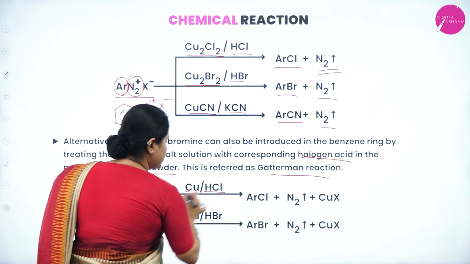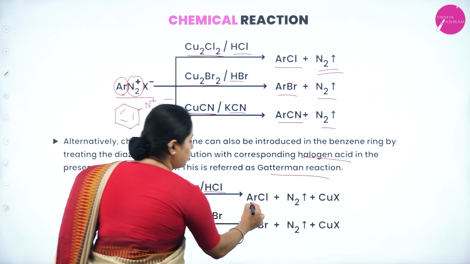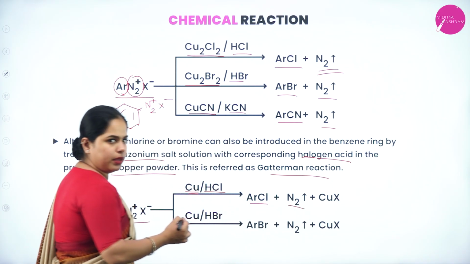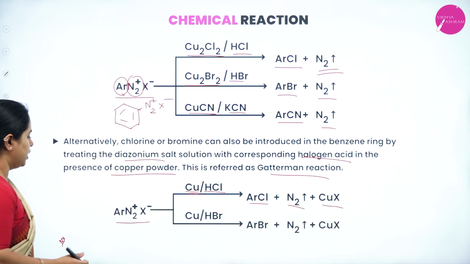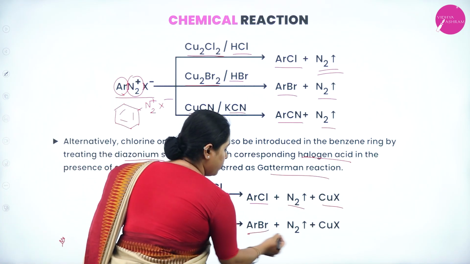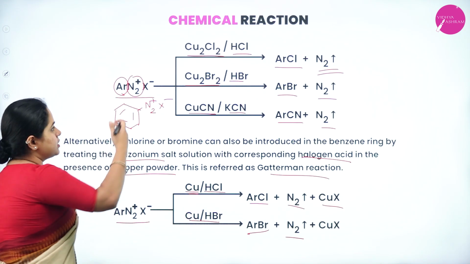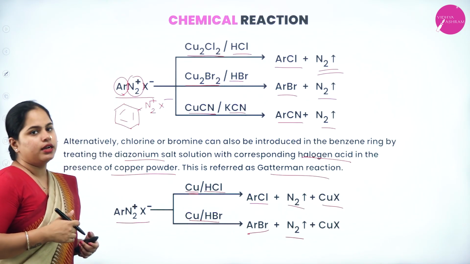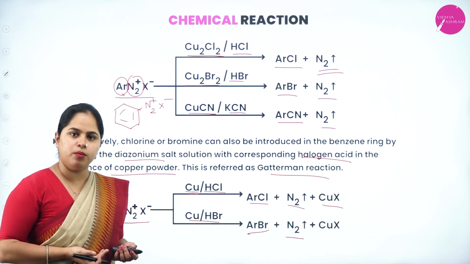In presence of HCl, chlorine is going to get substituted. Here you will get chlorobenzene. Again, nitrogen gas will be liberated and you will get the corresponding copper halide. And same way, if it is copper in presence of HBr, you are going to get bromobenzene and nitrogen gas will be liberated. Okay, so this is called the Sandmeyer reaction and this is the Gattermann reaction. Either of these can be used for the preparation of chloro and bromobenzene.